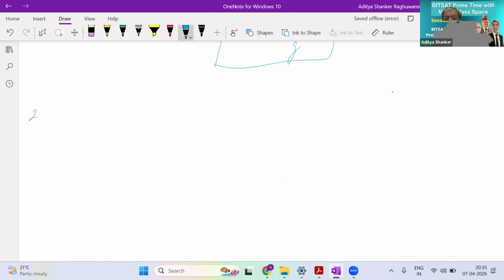Second thing which you need to understand is what? Its range. And when I'm talking about range means horizontal distance. Now, horizontal distance is going to be simple, very easy. Horizontal distance, or I can say simply displacement.